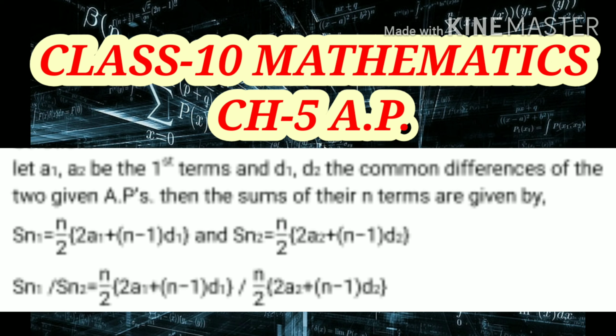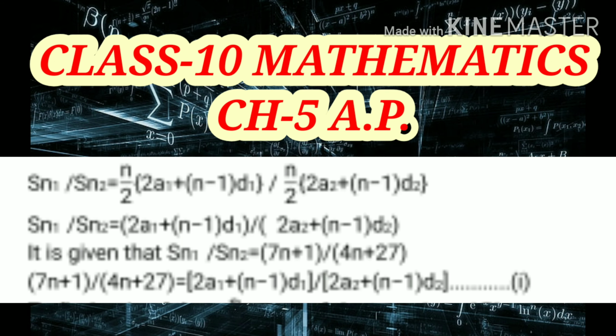Here, as you can see, n upon 2 is cancelled out in both numerator and denominator, and our equation becomes Sn1 upon Sn2 equals 2a1 plus n minus 1 d1 upon 2a2 plus n minus 1 d2.